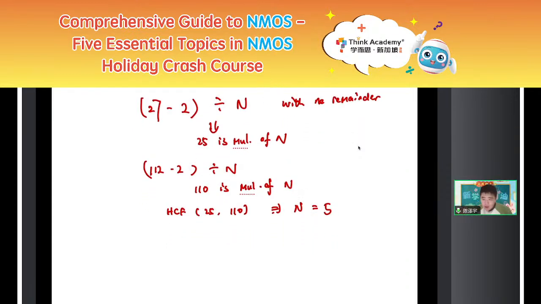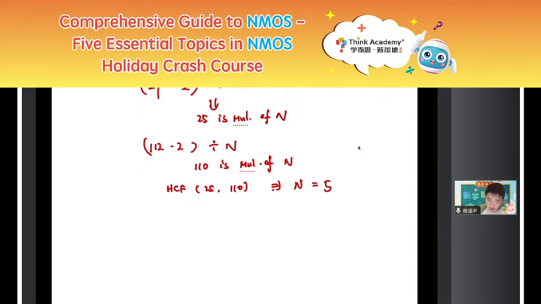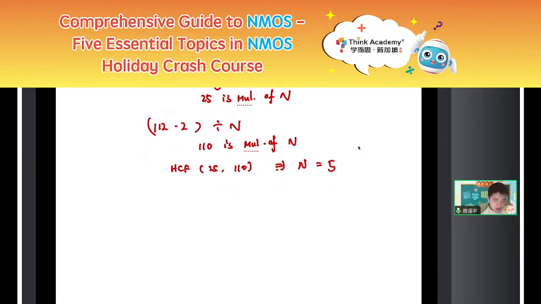Now you can also see some kind of question that doesn't tell you the remainder. For example, let me randomly write down some numbers here.